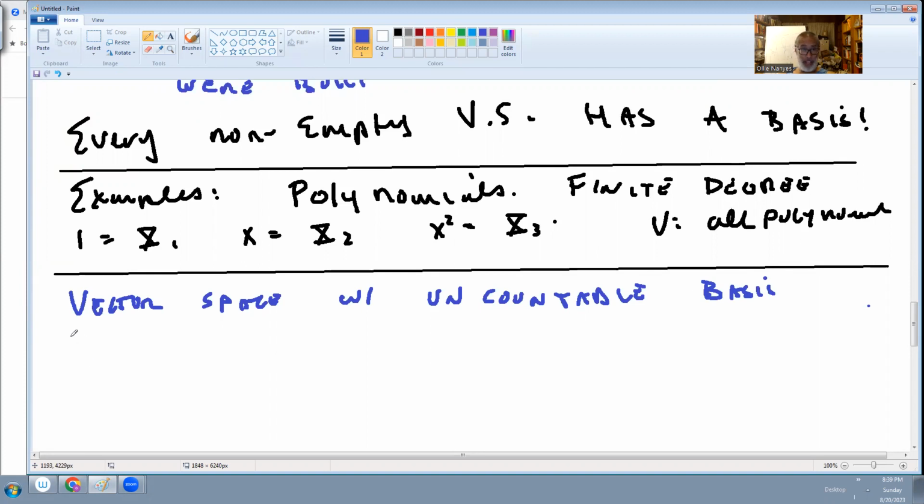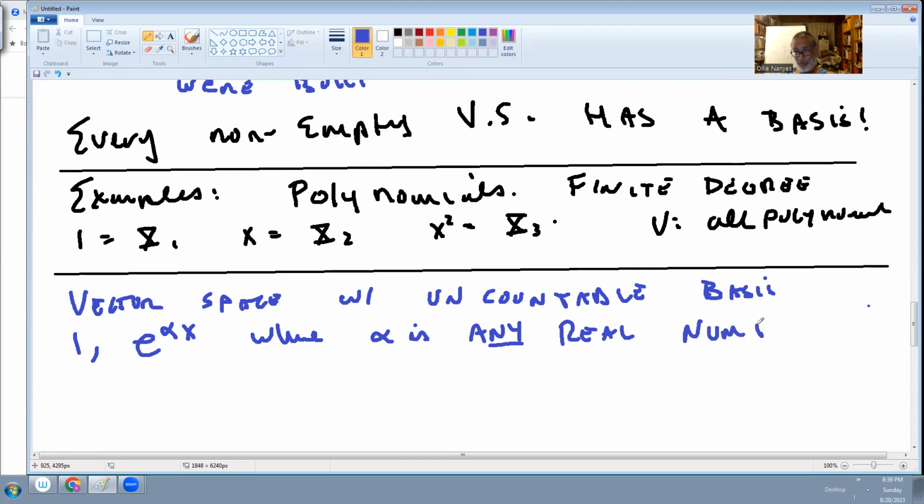It would be the vector 1, and then the vector e to the alpha x, where alpha is any real number. So this would be a basis for the vector space. This is going to be our basis.